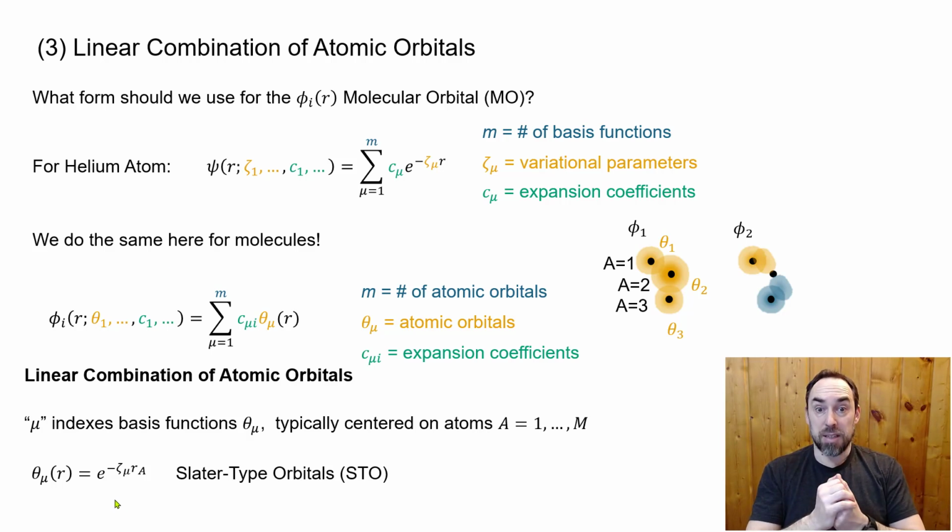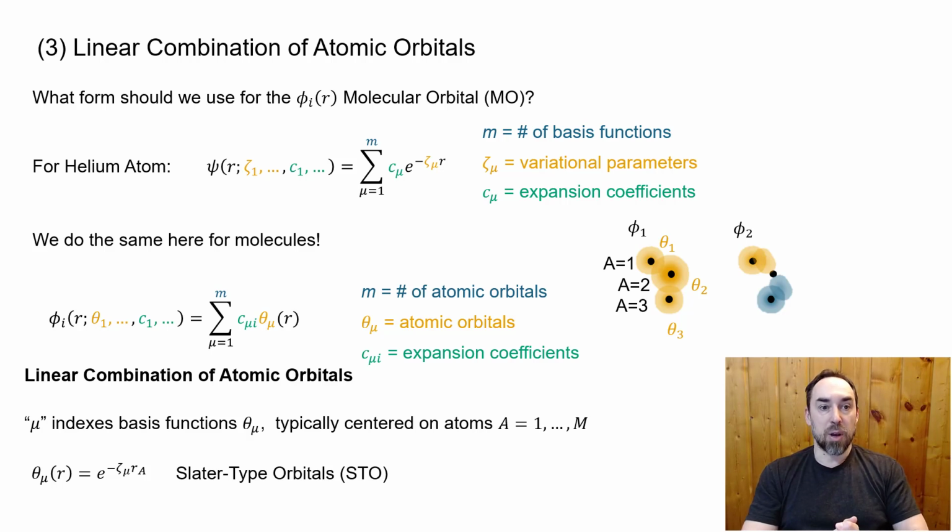It turns out that in reality, we still use many of these. So this theta is actually going to be a linear combination of basis functions. And in computational chemistry, there are even more tricks that one can play to make these orbitals behave even better. But for the moment, we don't need to worry about what these theta mu are. They are just atomic orbitals that can be expressed as exponential decays for s-type orbitals.